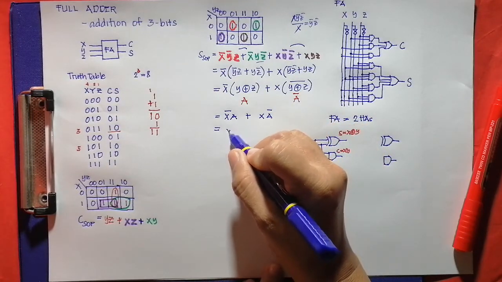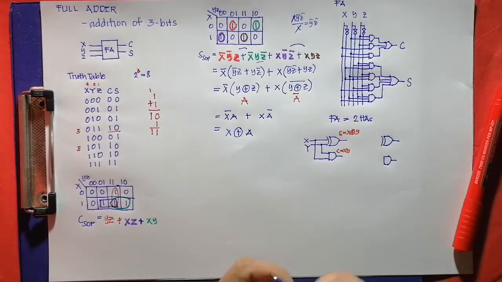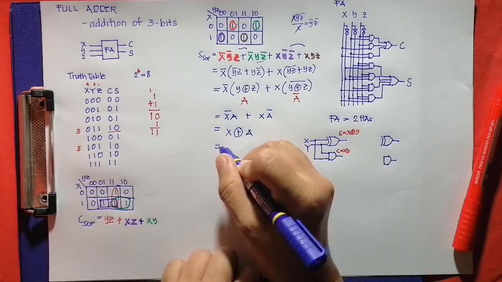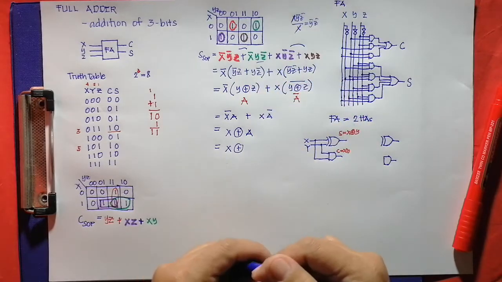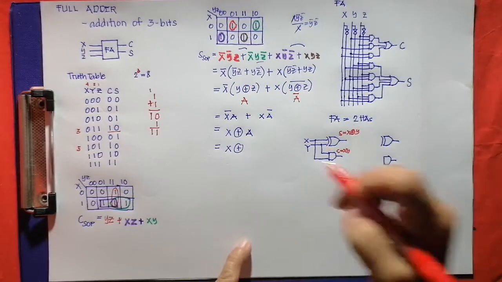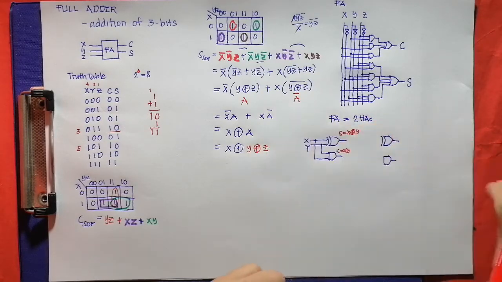So therefore, I could rewrite it as X XOR A. Okay? So, what is this A? A is actually your Y XOR Z.